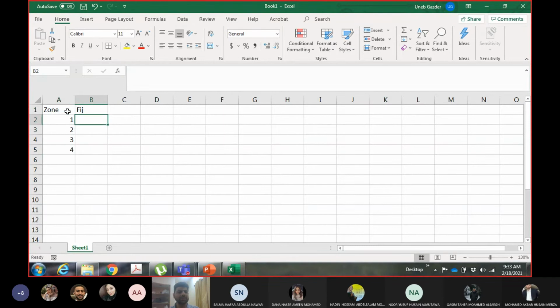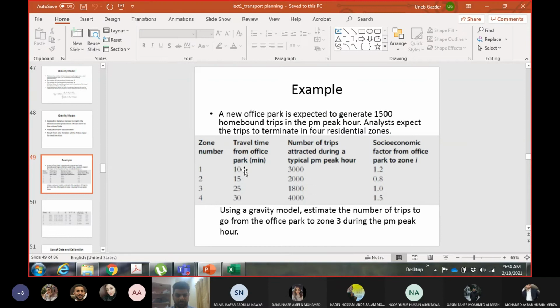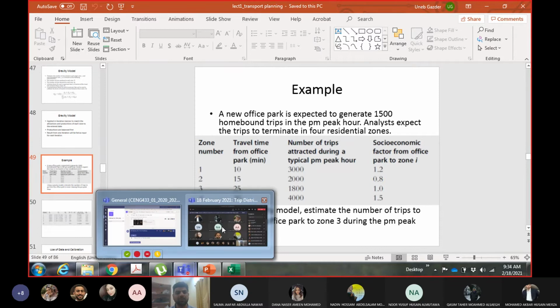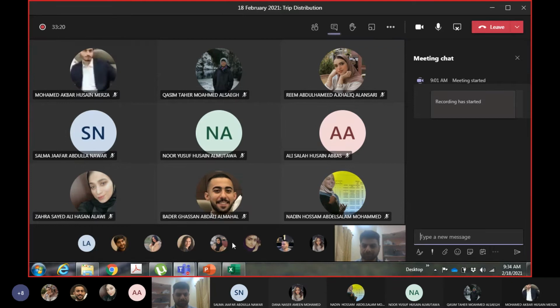Like I said, zone J is the office park, so all travel times are given to the office park site: 10, 15, 25, and 30. Give me the values of the inverse. Fij is the inverse of travel time, so give me the inverse of travel time for each zone.